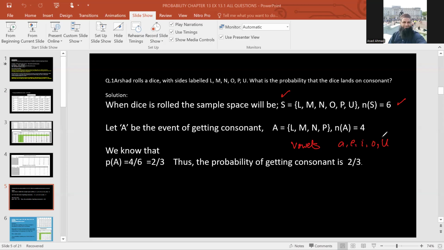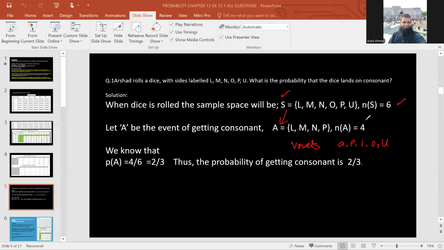So you will see that I have written let A be the event of getting consonant. So A is basically a set, you can say a subset or a smaller set of the sample space that contains consonants only. That is L, M, N, P, I have taken this from the sample space. So in the favor of consonants, there are 4 points.